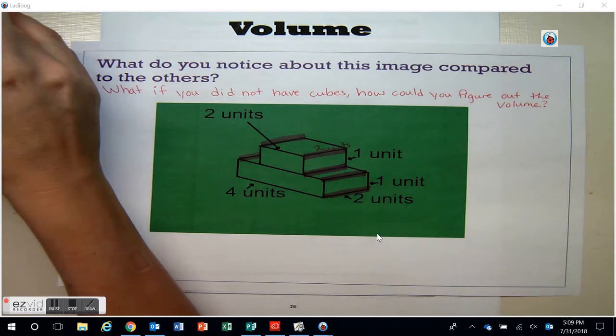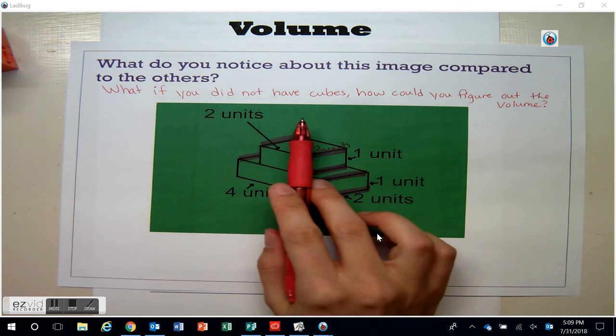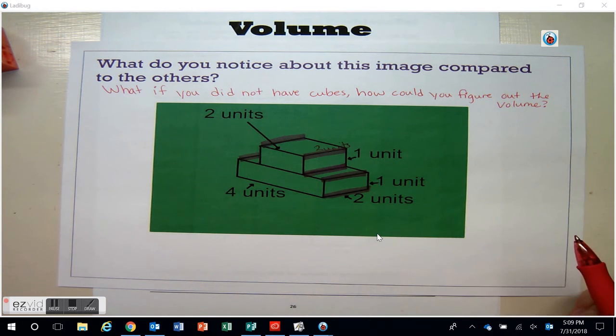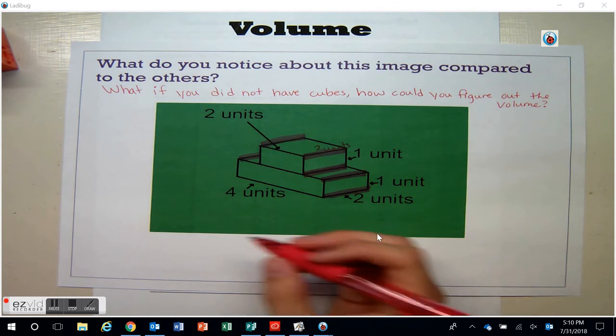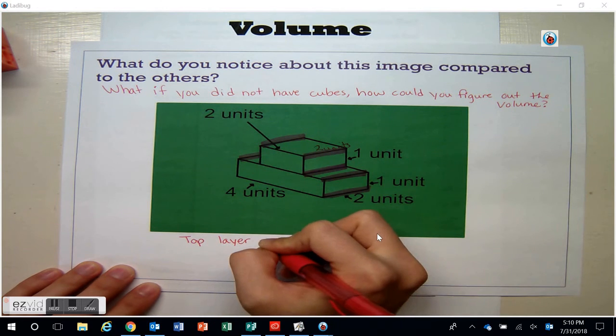All of those widths are the same. So that means that I have a width here of 2 units. I have a width there of 2 units.